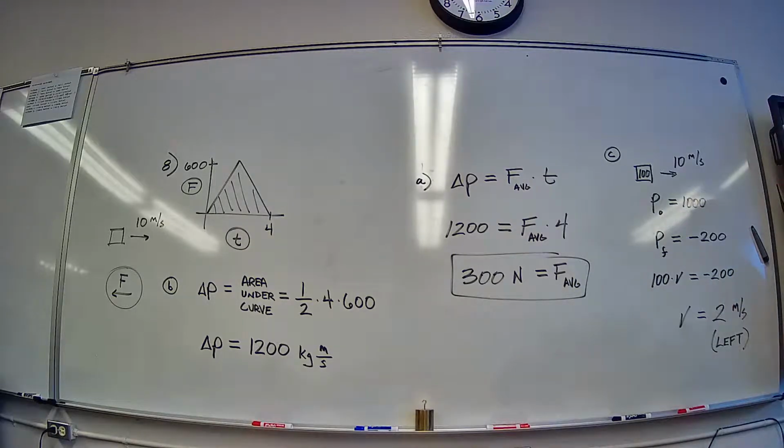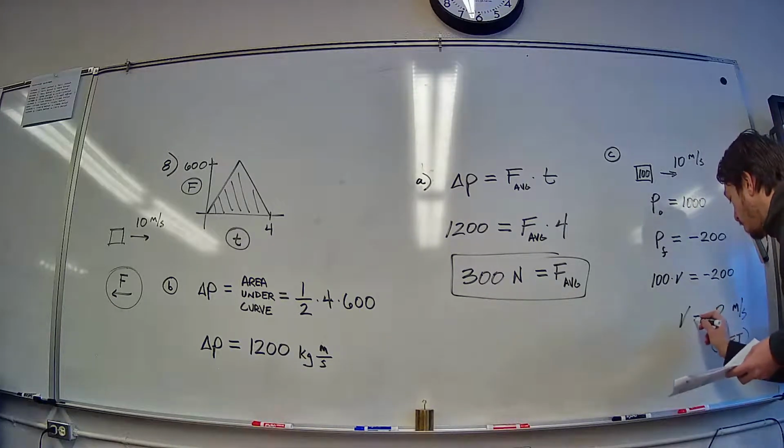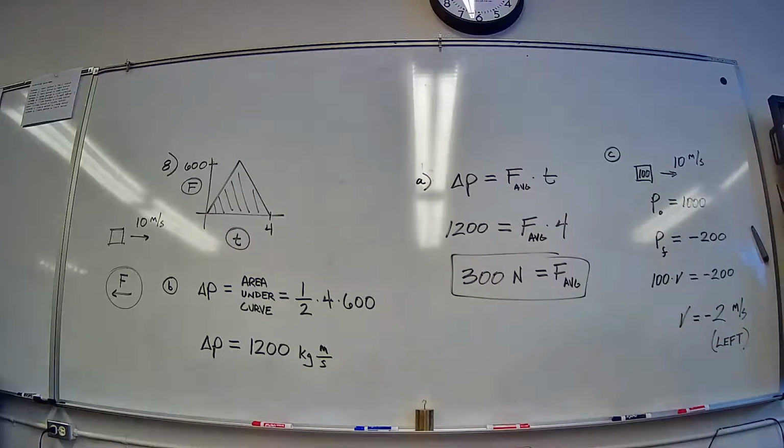No? Well, I put it as negative. That's okay. Yeah, that's fine. What's the speed and direction? If you want to be really technical, I guess speed should be a positive number.